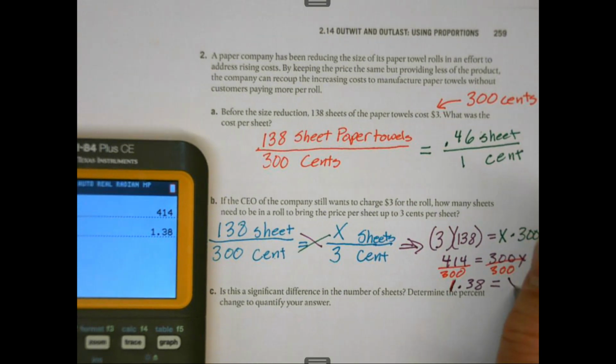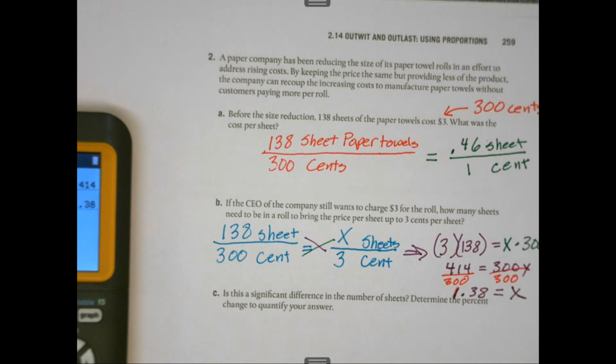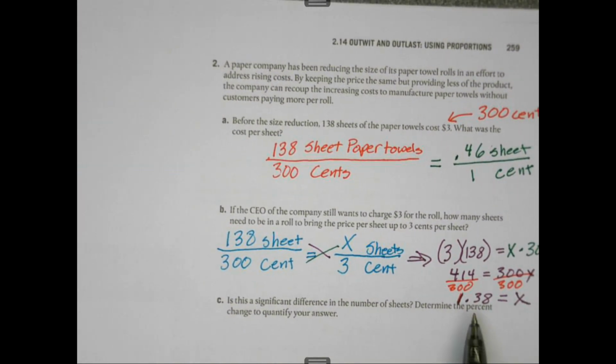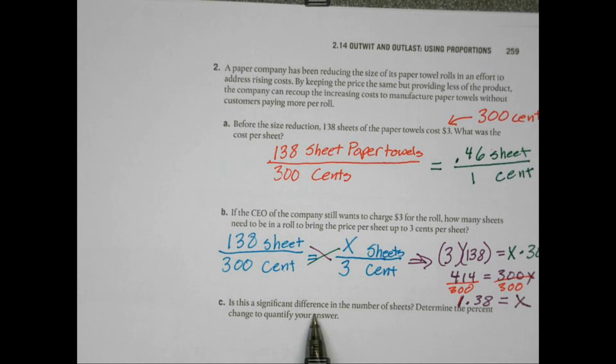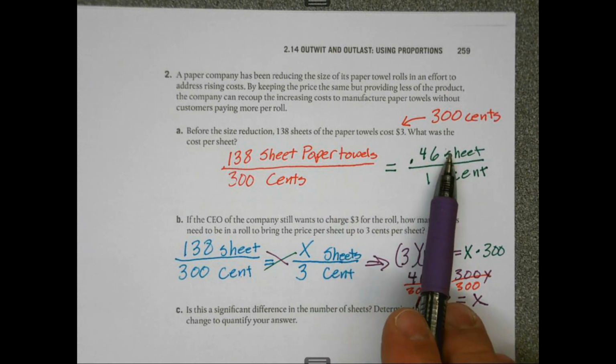Is this a significant difference in the number of sheets? Determine the percent change. Oh, I did this a little bit wrong. Instead of sheets per cent, I need cents per sheet. So instead of taking 138 divided by 300, I should have taken 300 cents divided by 138 sheets.